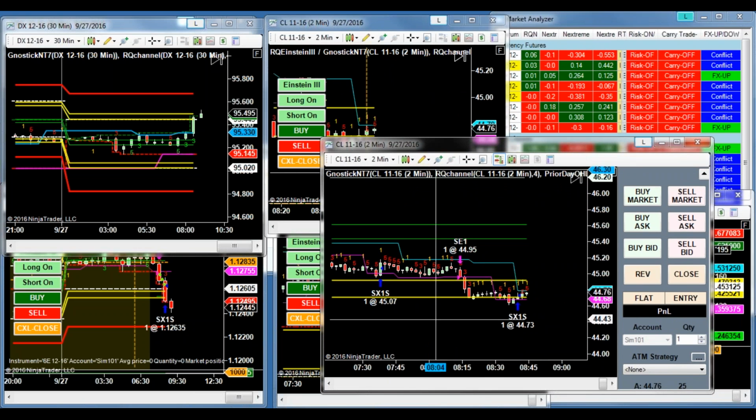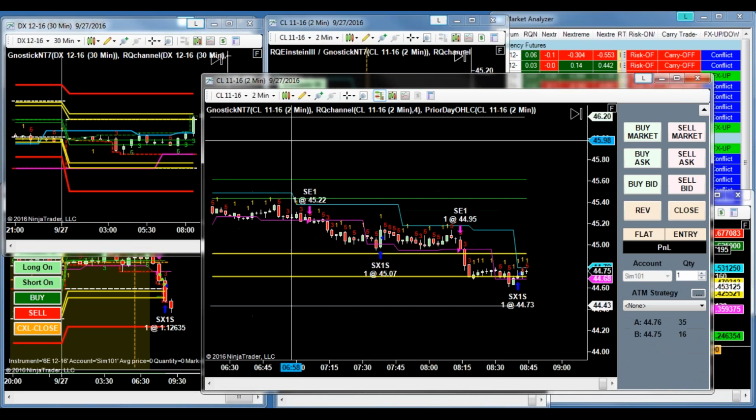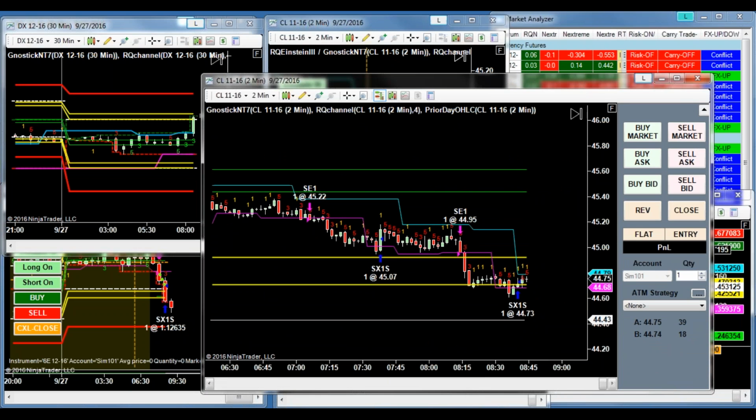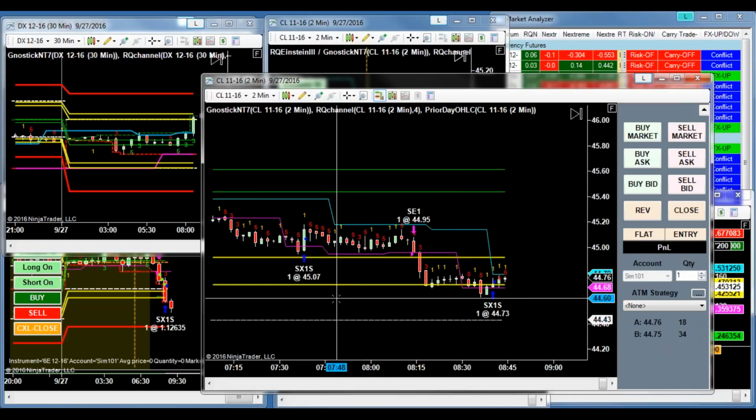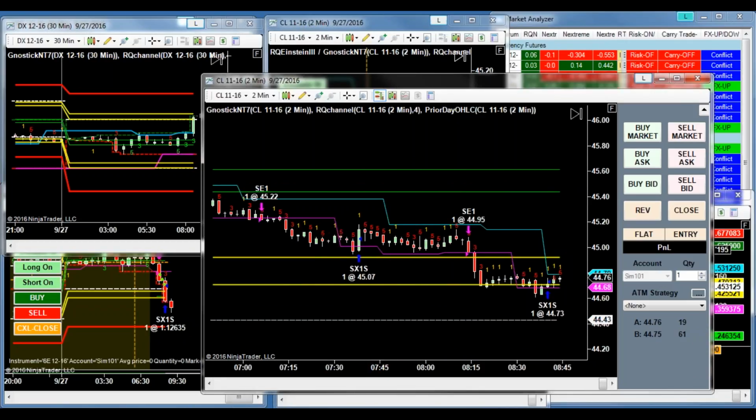Here's the trades we had in crude. Here's the first short. Here's the cover on the pullback. Second short, and here's the trailing stop that took it out.